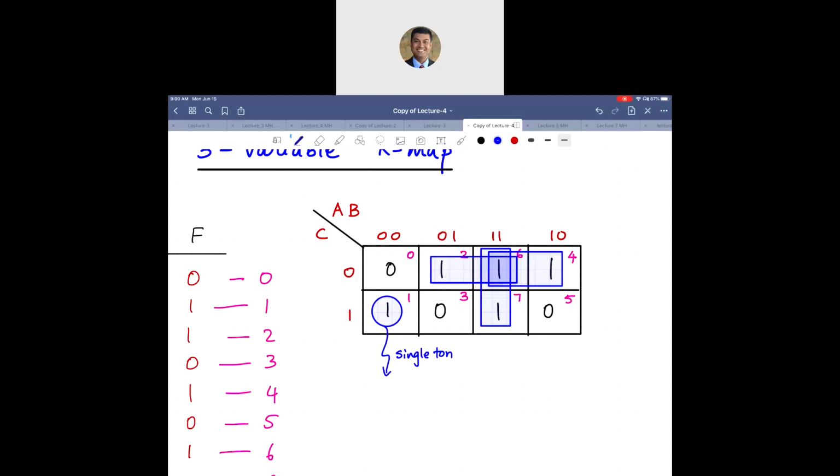So for that particular one, the product term is A complement, B complement, C. Because A is 0, B is 0, and C is 1. How about for this guy? The vertical group of 2 ones. A is 1, B is 1, C changes, so it gets eliminated.